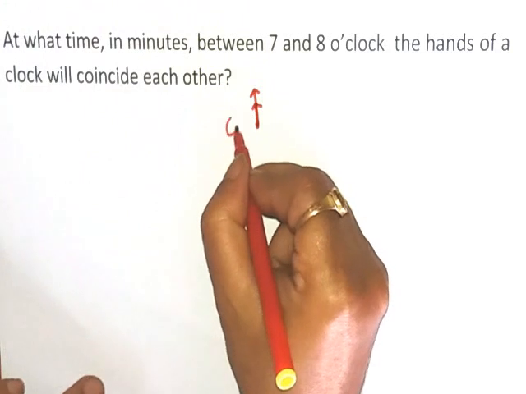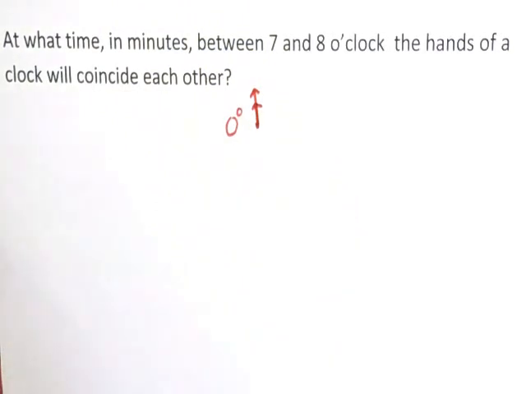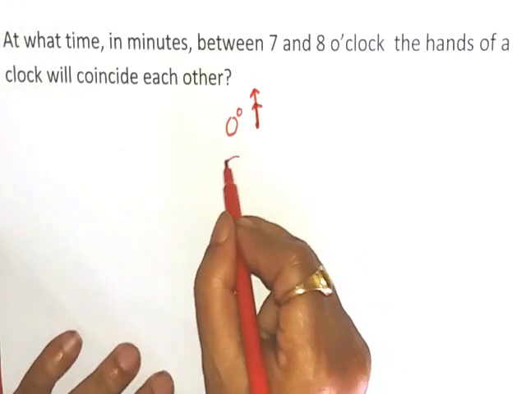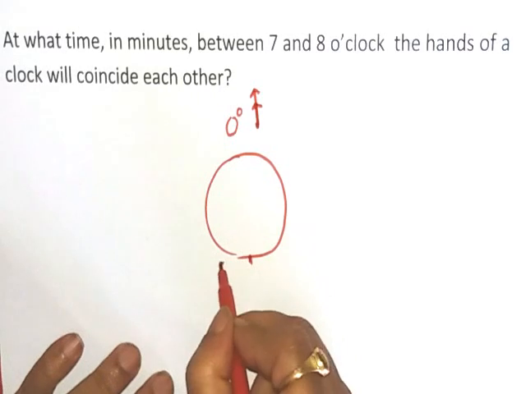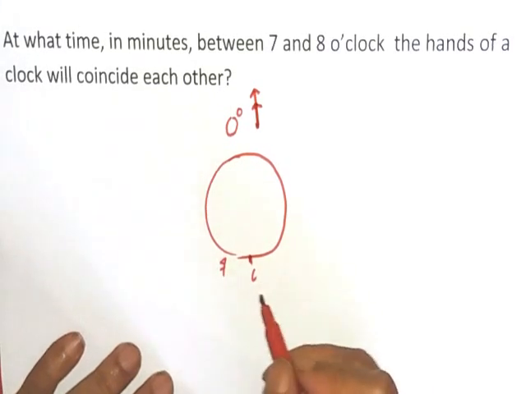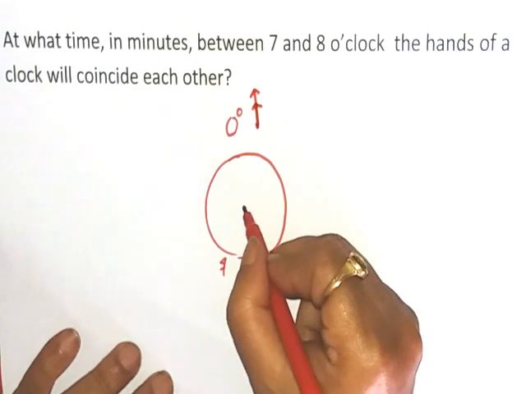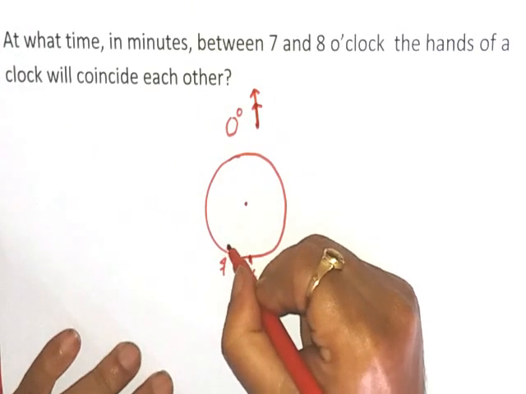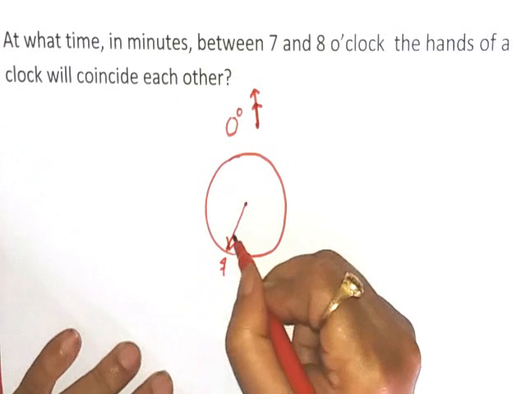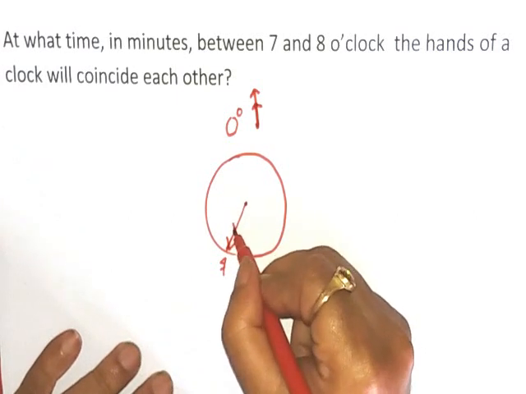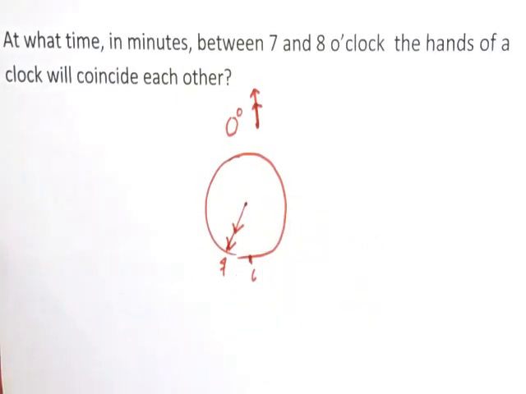Now it has been asked about 7 and 8 o'clock. So now it's a 6, and this one is the position of the 7. Though it has been asked 7 and 8 o'clock, we will just think of the earlier position. This one is the minute hand and this one is the hour hand.